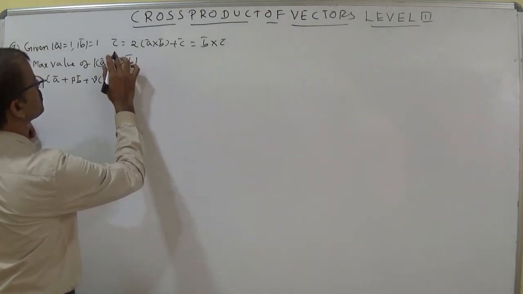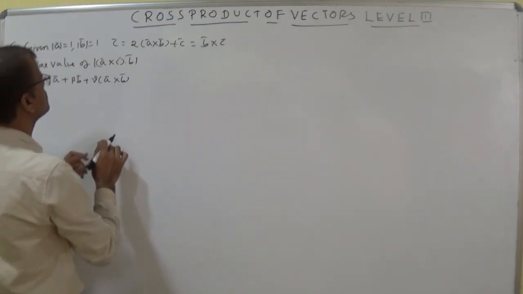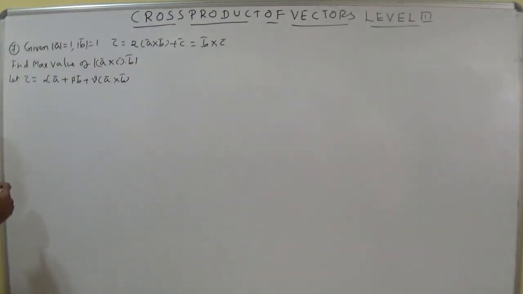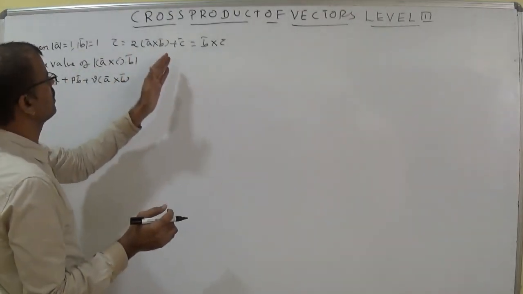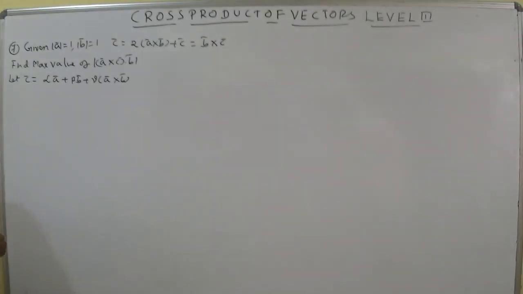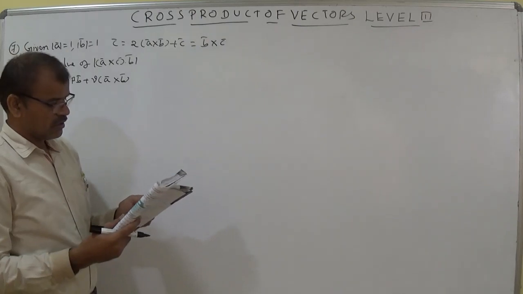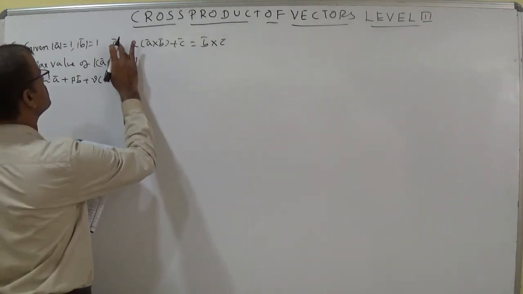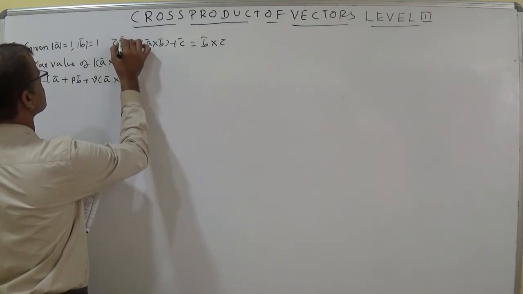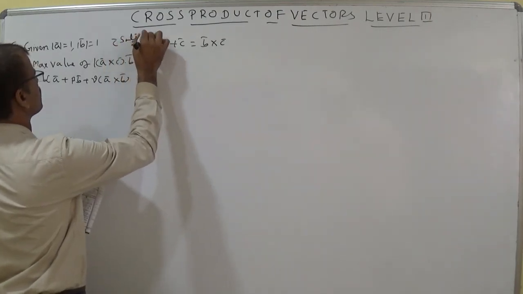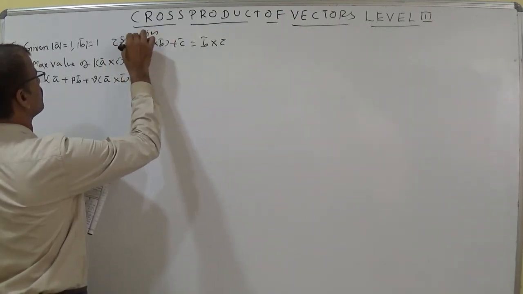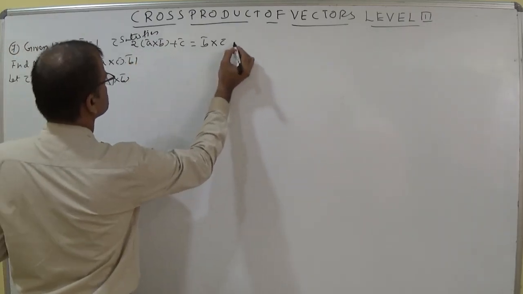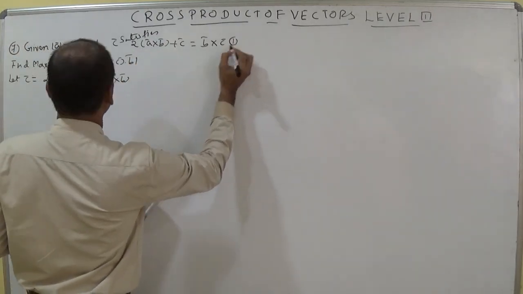He is saying that C bar satisfies 2 into A cross B plus C is equal to B cross C. Let it be 1.